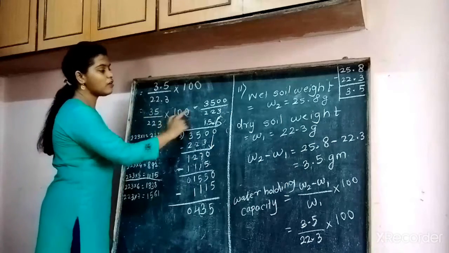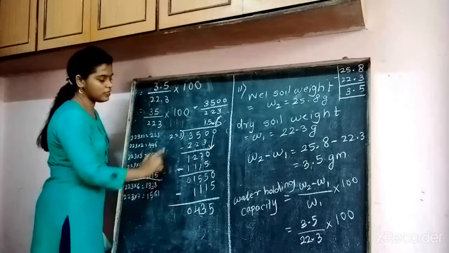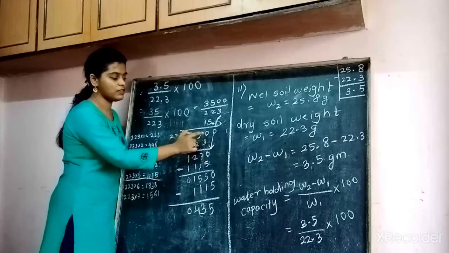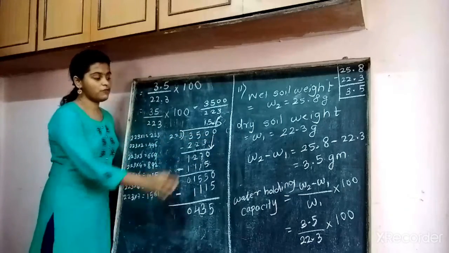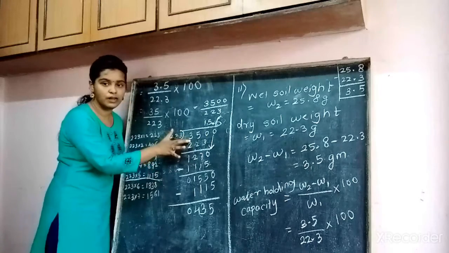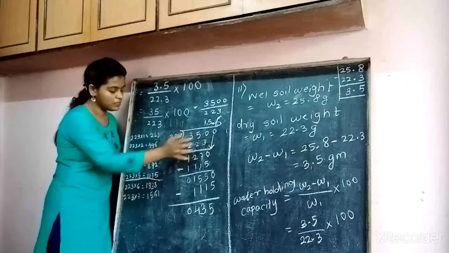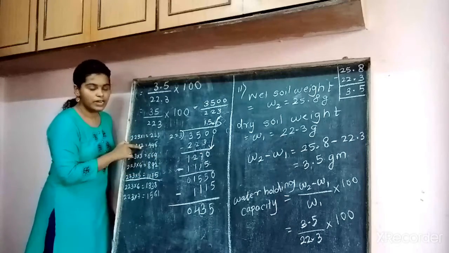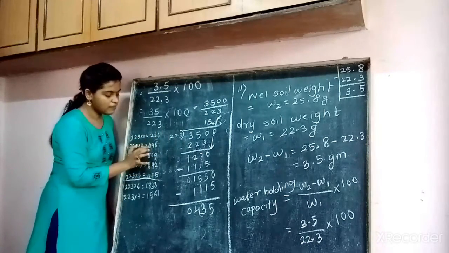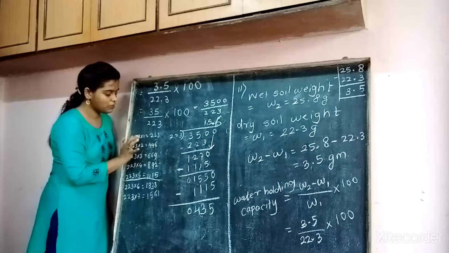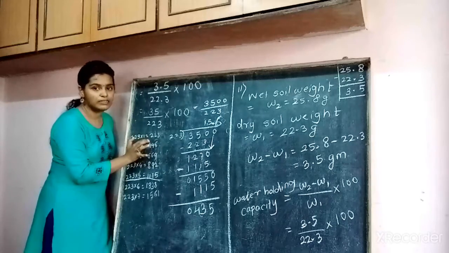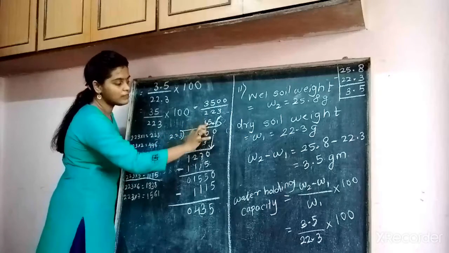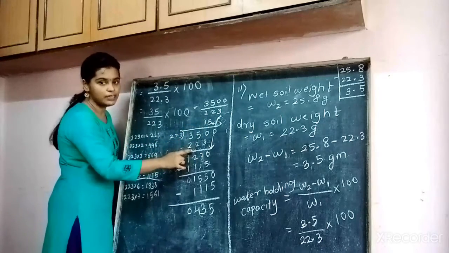We will directly go to the next step. So 3500 divided by 223. We write 223 here and 3500. First we will focus on the first three numbers, 350. Where will this 350 be? Between 1 and 2. 350 is less than 446, so we take 223 ones are 223.